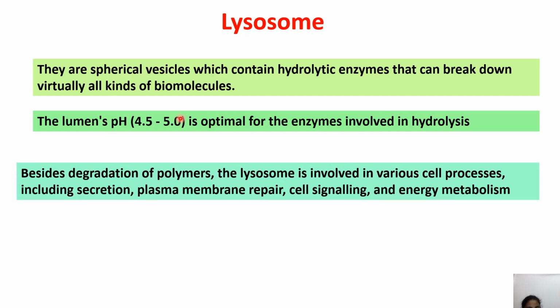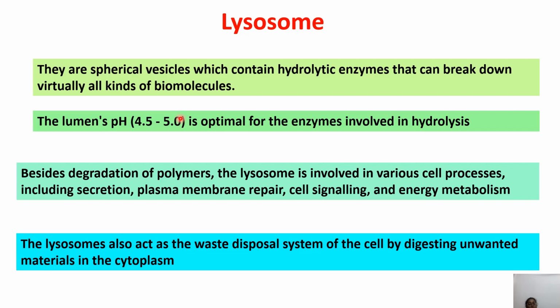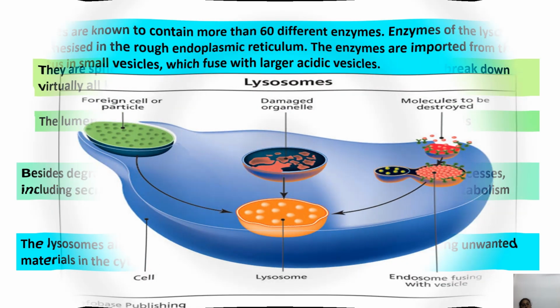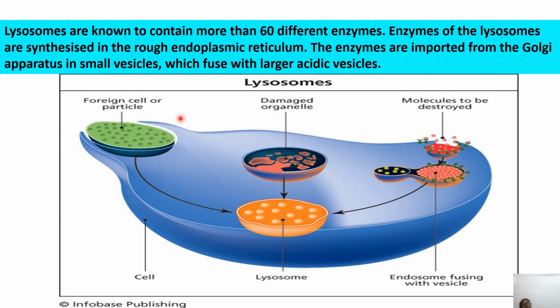Besides degradation of polymers, the lysosome is also involved in various cell processes, including secretion, plasma membrane repair, cell signaling, and energy metabolism. Lysosomes can also act as the waste disposal system of the cell by digesting unwanted materials in the cytoplasm. Lysosomes are known to contain more than 60 different enzymes. The enzymes of the lysosome are synthesized in the rough endoplasmic reticulum, and the enzymes are imported from the Golgi apparatus in small vesicles which fuse with larger acidic vesicles.